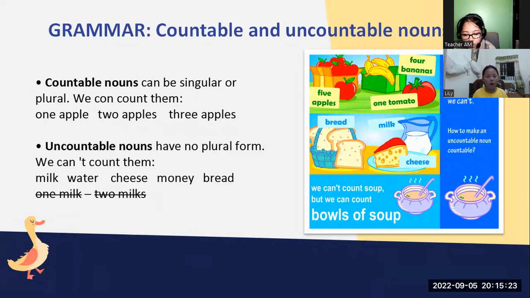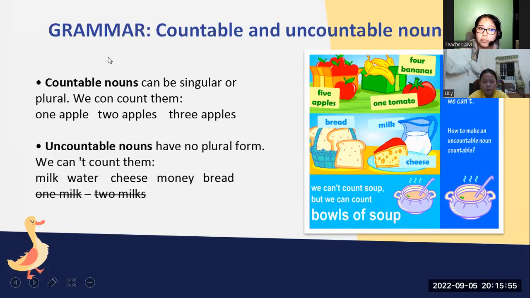Okay, so do you have any question? Is the plural a cheese and a bread in the picture here?